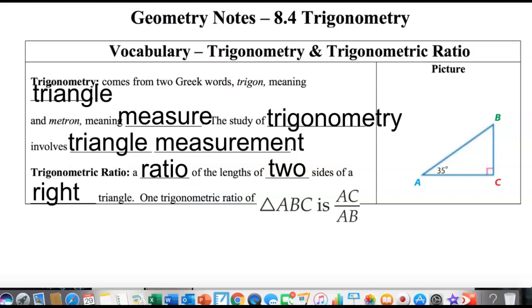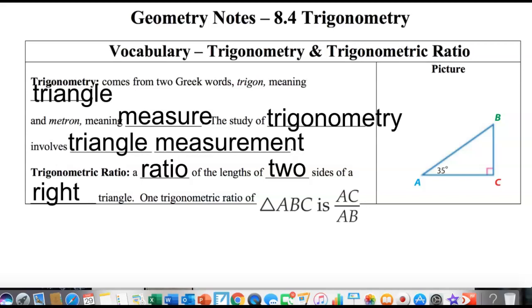Okay, trigonometry comes from two Greek words, trigon meaning triangle and metron meaning measure. The study of trigonometry involves triangle measurement, and what we're going to be looking at is ratios. Ratios are just fractions of the two side lengths of a right triangle.